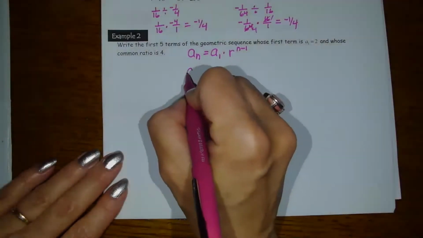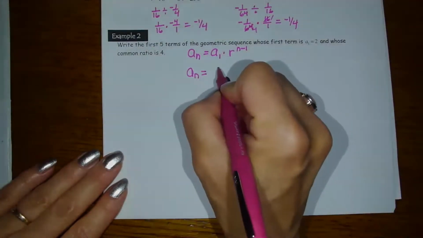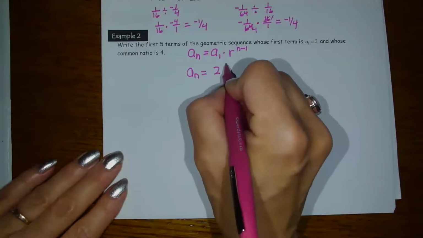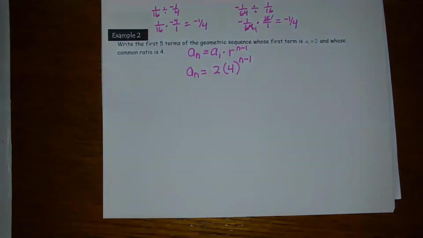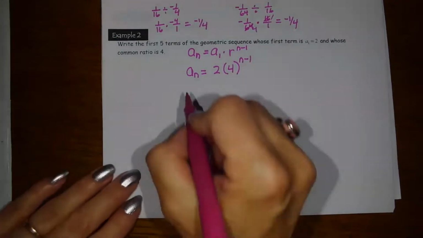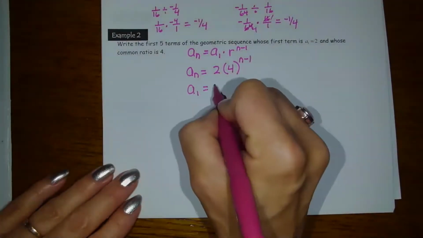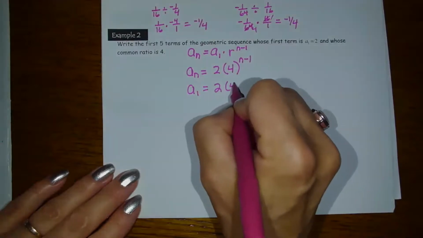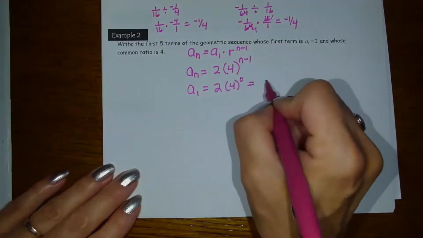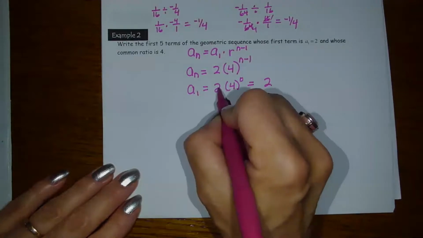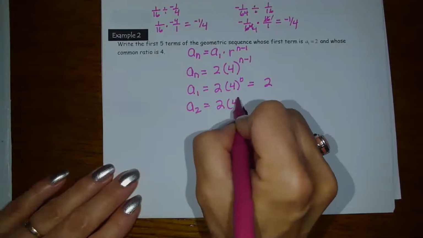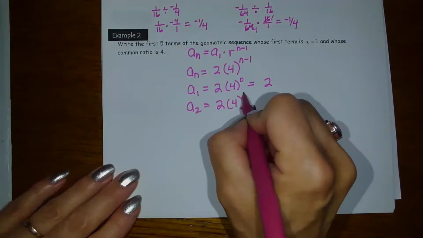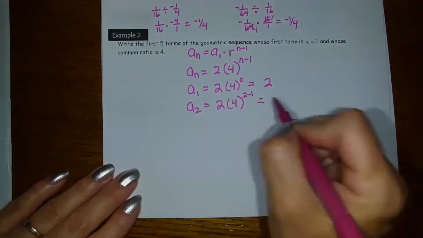So AN equals 2 times 4 to the n minus 1, right? It says to write the first 5 terms. So I'm going to write A1 equals 2 times 4 to the 0, which equals what? 2, because that's 2 times 1. A2 is 2 times 4 to the 2 minus 1, which equals what?